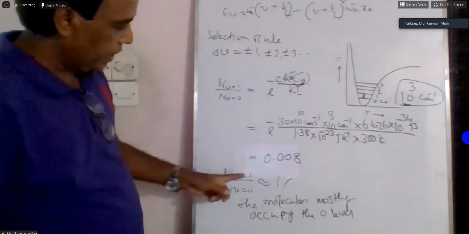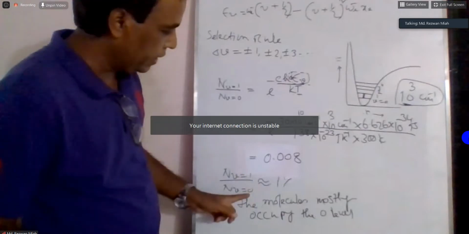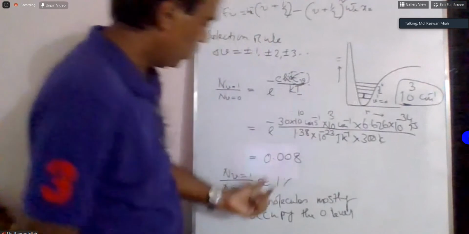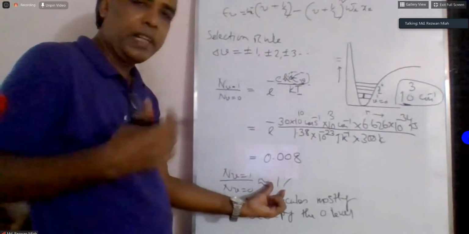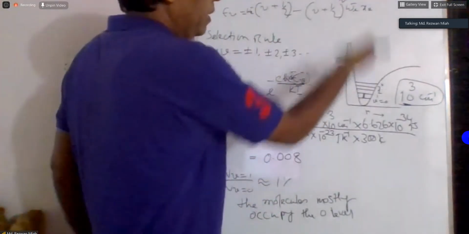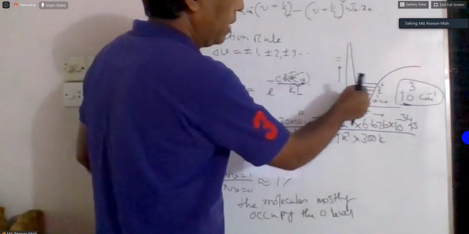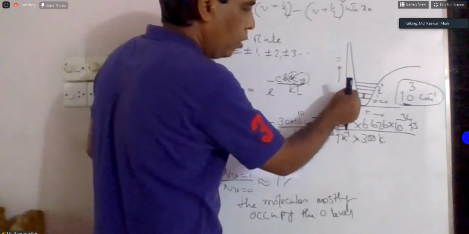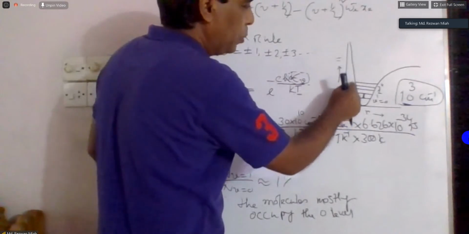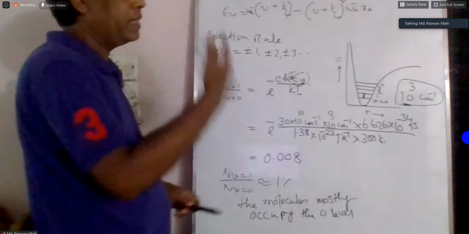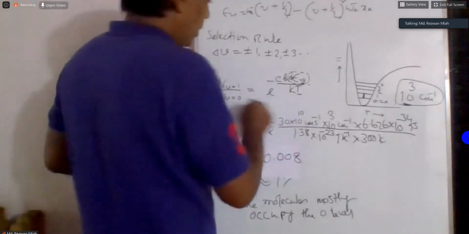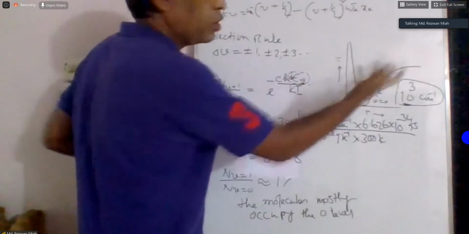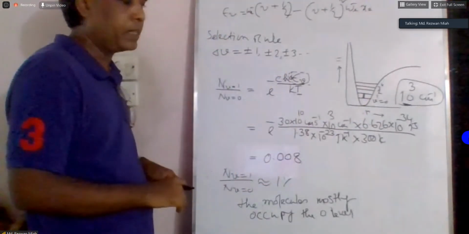If we consider N2 to N naught, then N1 to N0 is equal to 1%, and for N2 to N naught the gap is greater, so this value will be very, very low. So we can consider the upper levels 2, 3, 4 to be unavailable. That means in the 0 level there are 100 molecules, in the 1 level only 1 molecule, and levels 2, 3, 4 are vacant at room temperature. So plus minus 1, therefore 2 to 3 and 3 to 4 are possible, but there is no molecule, so we cannot have the spectrum.